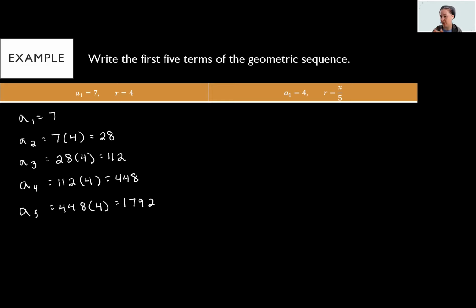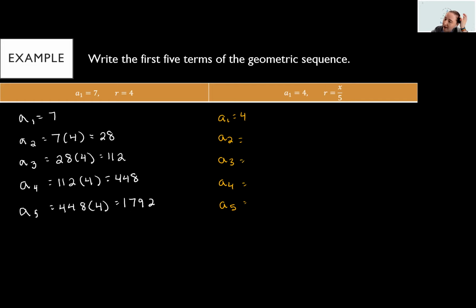So now the second one here, we're given A1, so we've got a freebie here. And we need to find A2, A3, A4, and A5. Our r in this case is x over 5.